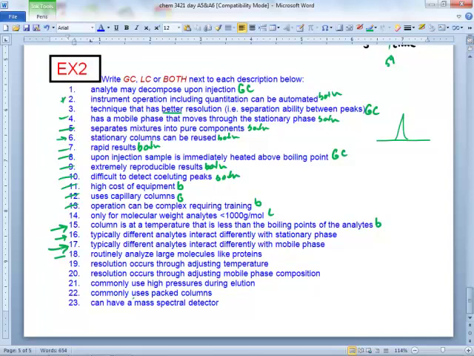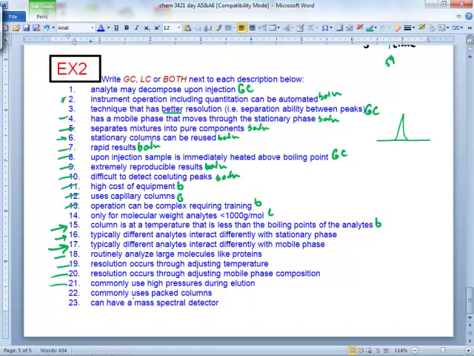Resolution occurs through adjusting temperature. Kimberly, louder? GC. Resolution occurs through adjusting mobile phase composition. Everybody? LC. Commonly uses high pressures during elution. Everybody? LC. Technically, you'd probably say HPLC.